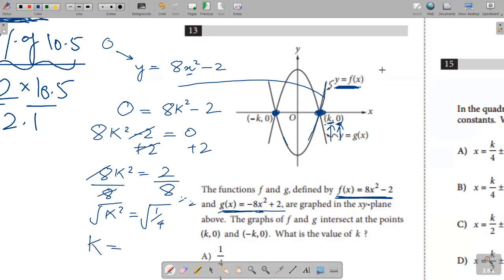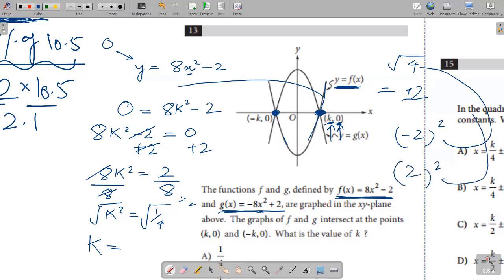And I told you in the start that if you have the square root of any number, for example, the square root of 4, that's not only 2, that's plus minus 2. Because you can do negative 2 whole squared, that'll also be 4, and positive 2 whole squared, that'll also be 4. Square root of 9 is not only 3, it's plus minus 3.